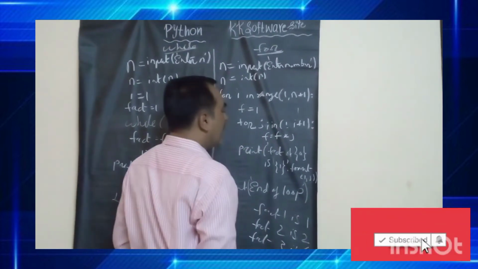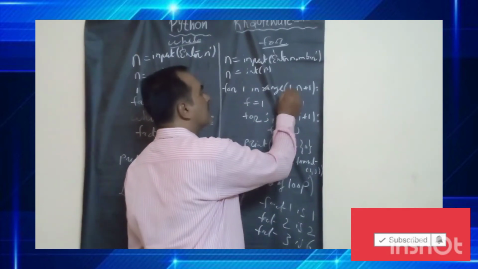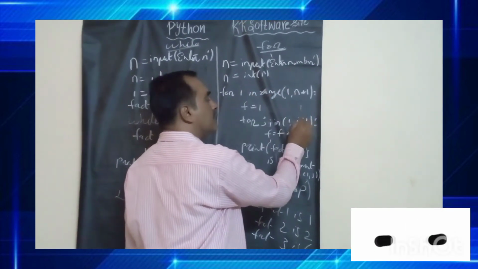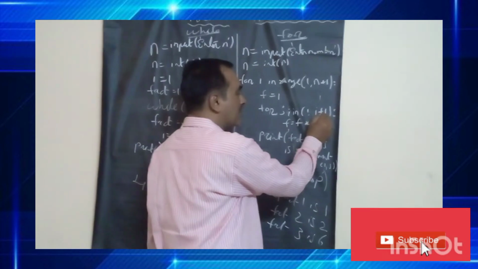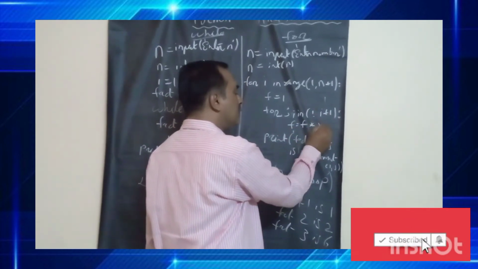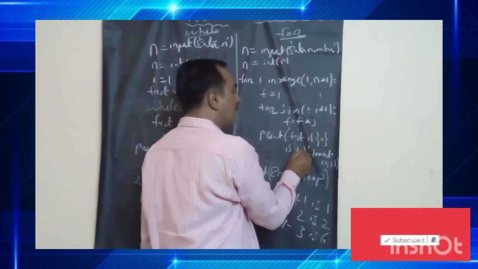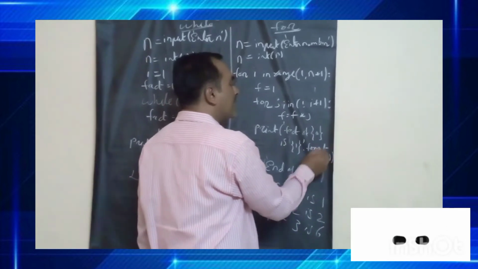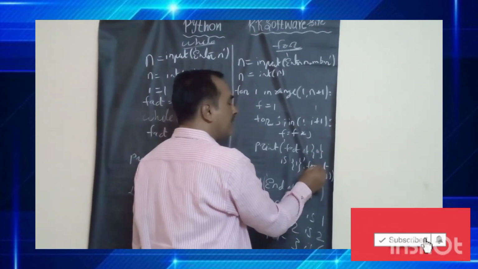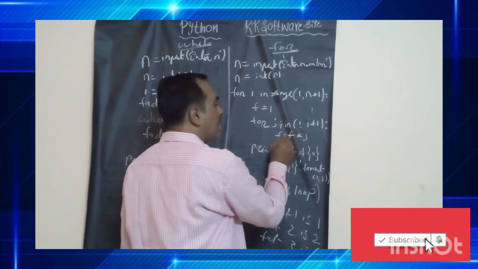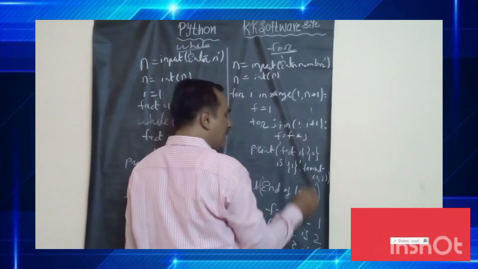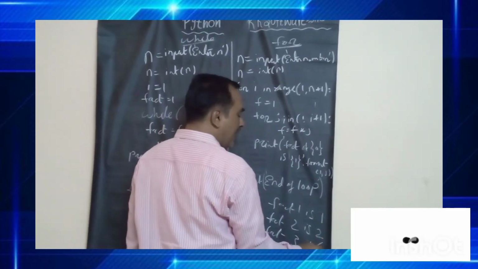It will print like this. The first loop is the i loop, which is specified over here as 1 comma i plus 1, and f is equal to f into j. Print fact of, format i comma j. First one is the value and second one is the factorial. So factorial will be calculated for 1 as 1, 2 as 2 and 3 as 6.